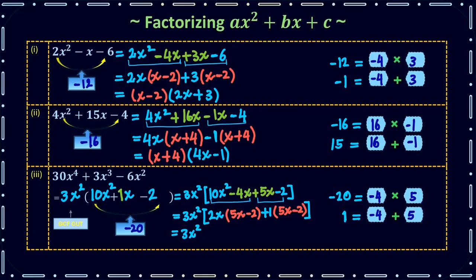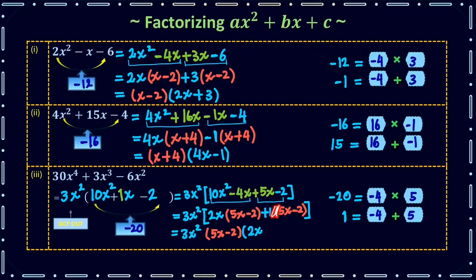Inside the bracket, we have 5x minus 2 in common. We're going to take that out. When you take 5x minus 2 out from the first group, we're left with 2x.